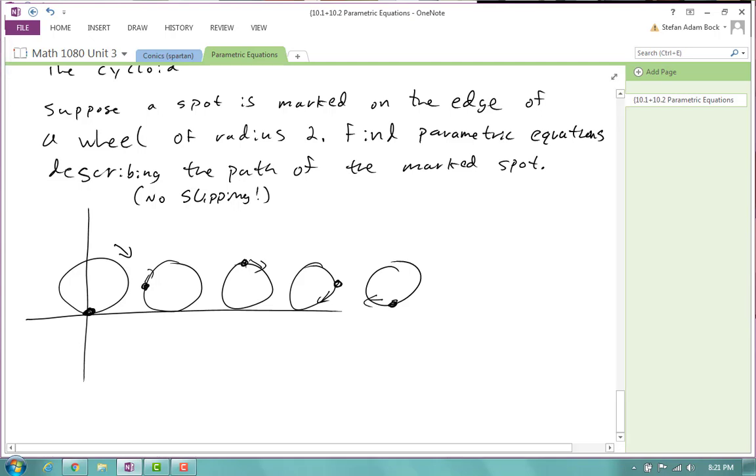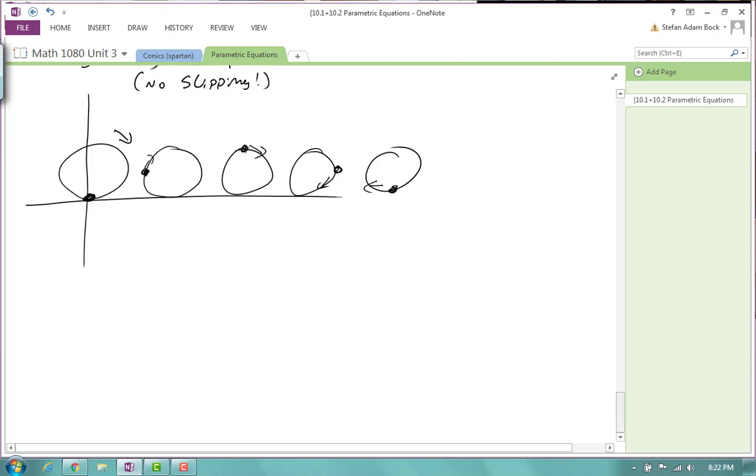So what I want to do is first I want to notice that, since this is rolling, depending on my frame of reference, I'm going to see some different things. So first I'm going to pretend that Earth is the center of the universe. It's really a standard assumption. We're also assuming that it's flat, by the way.